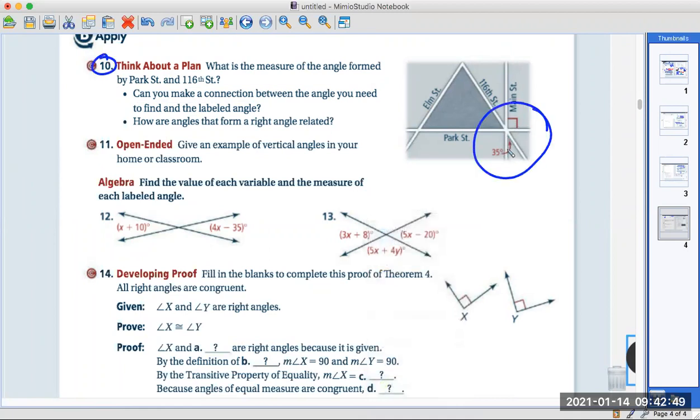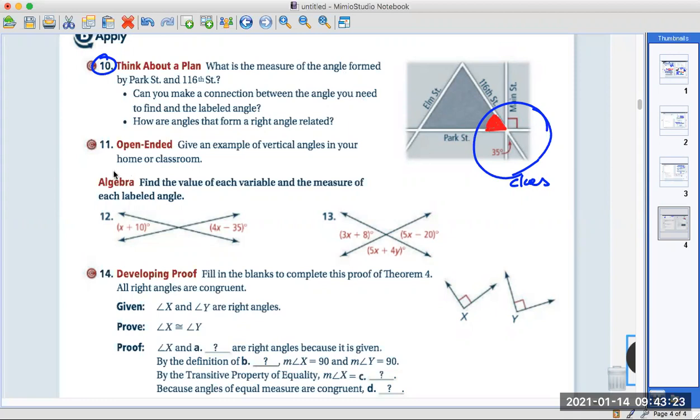This angle here is 35 degrees, and this is a right angle. So these are the clues. You have to focus. What is the measure of the angle formed by Park Street and 1/16th? So you're looking for this angle right here. This is what you're looking for.